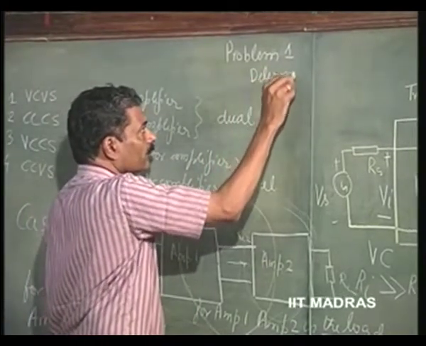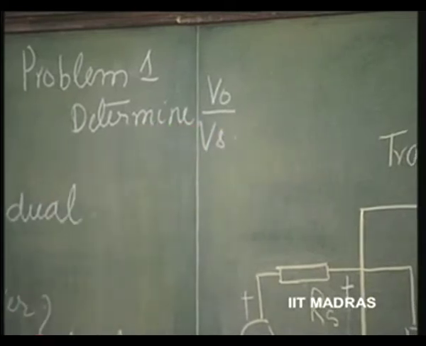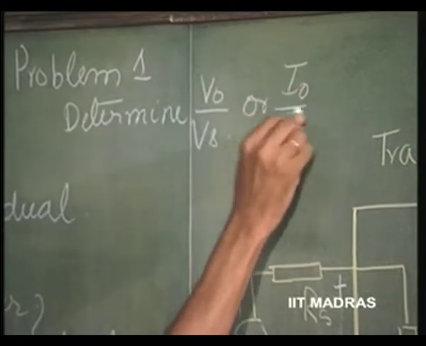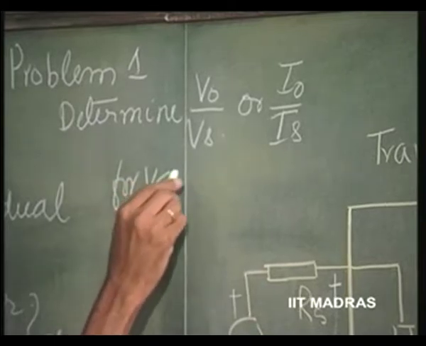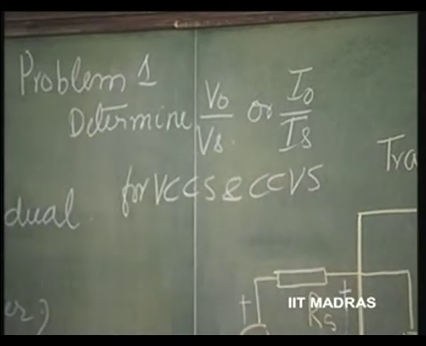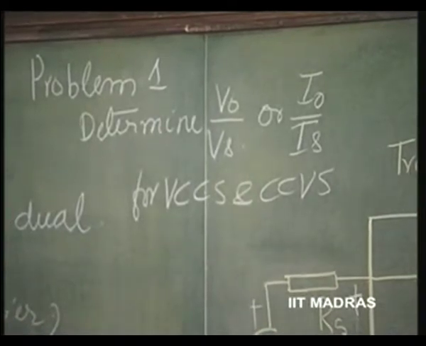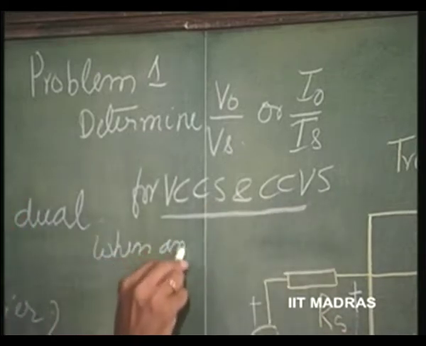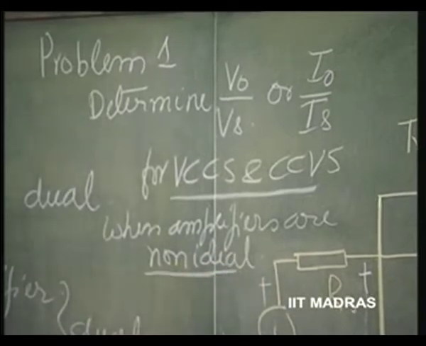Determine V naught over Vs, or let us say I naught over Is, for VCCS and CCVS, when these are non-ideal. So, please work out this expression.